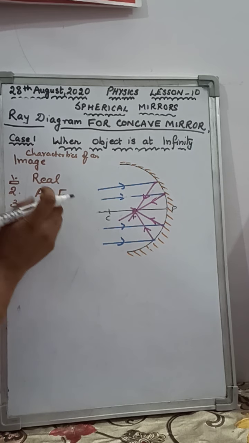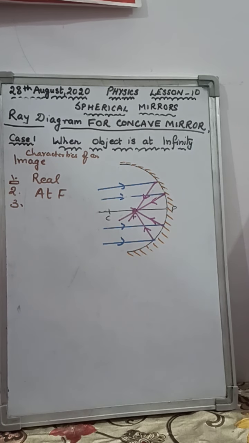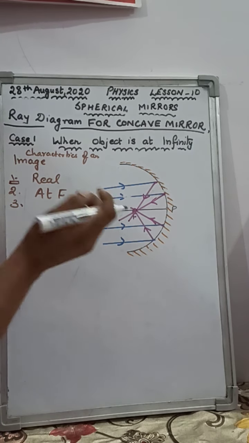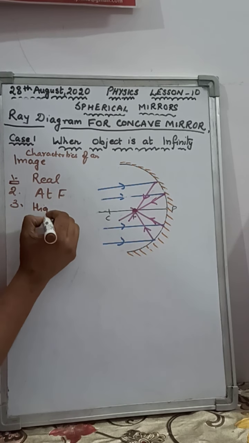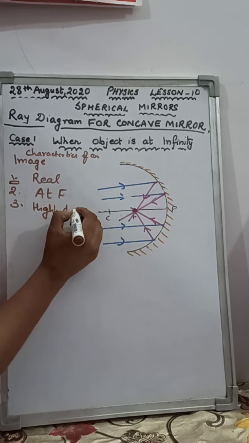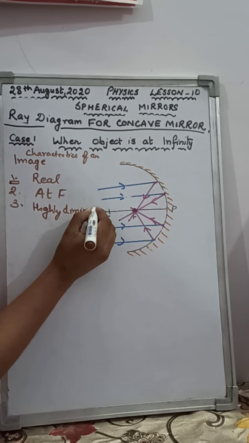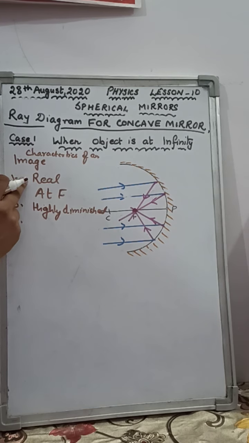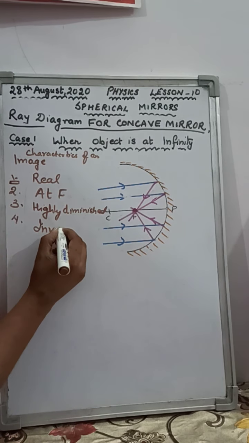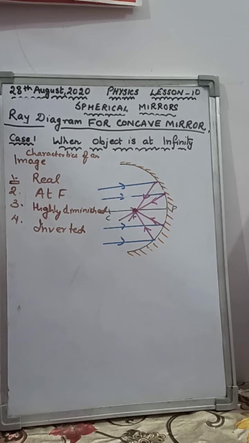Third, the object which is at infinity is very big in size, and here the size of the image is very small. So you will write highly diminished. Diminished means very small in size. Now fourth, when the image is real, it will always be inverted. So this is a ray diagram when the object is at infinity.